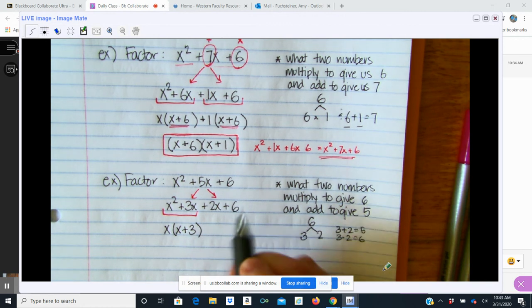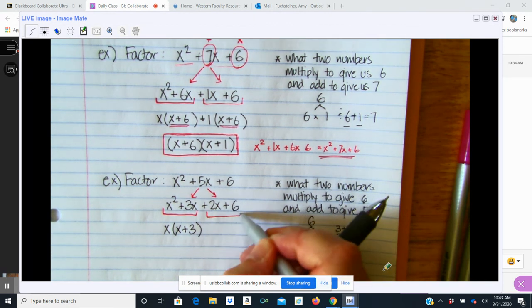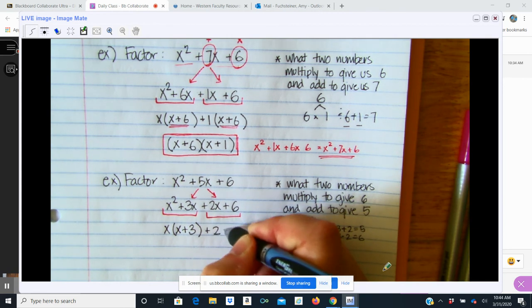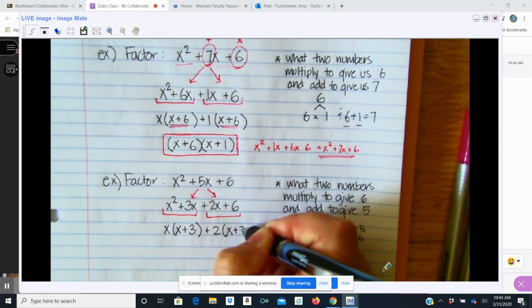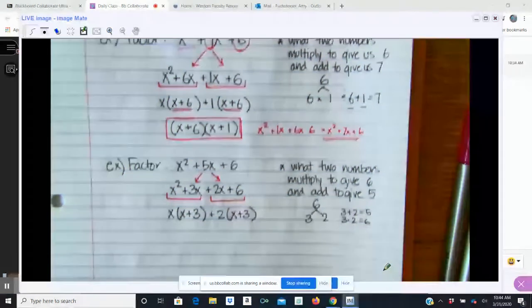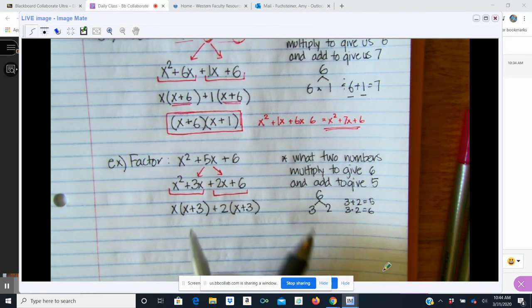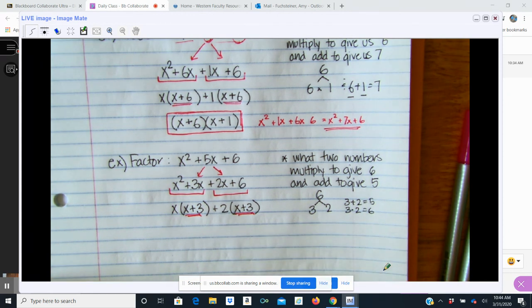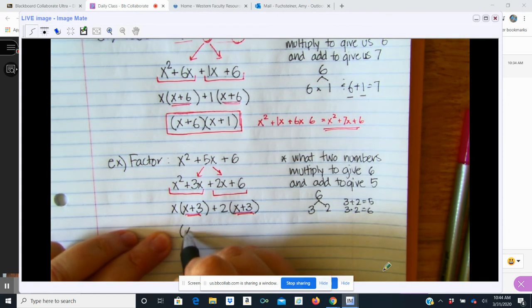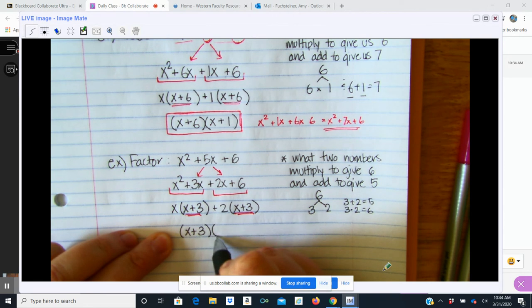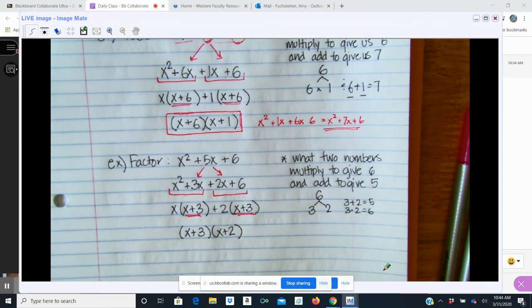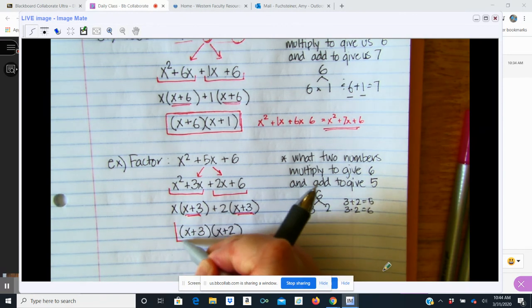If I look at the second two terms, I can pull out a 2, and I'm left with x plus 3. This x plus 3 is now in both. I will pull it out front. So I have an x plus 3, x plus 2.